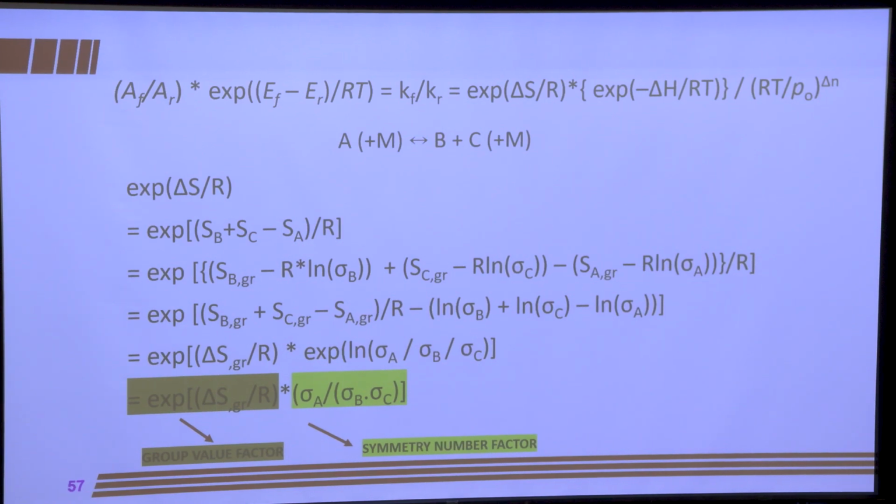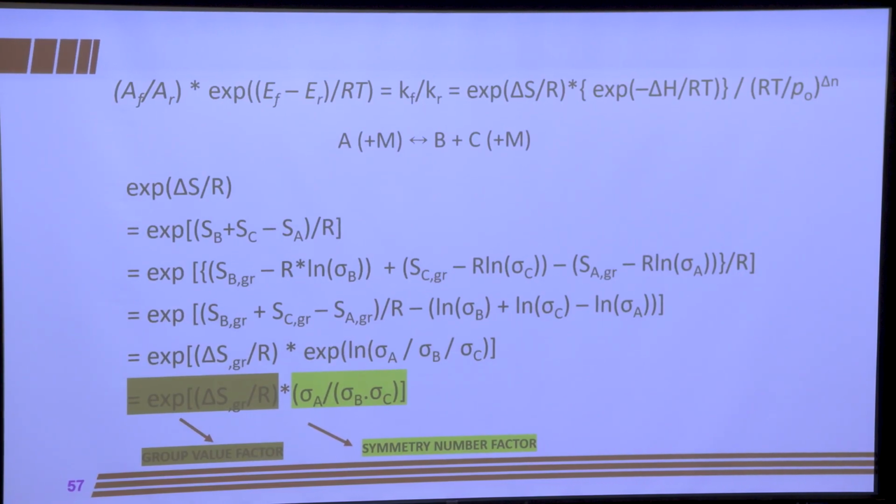But the standard entropy change for a reaction should be delta S zero all over R. Is that all right? So that's equal to the entropy of B plus the entropy of C minus the entropy of A divided by R. That's all right with everybody?